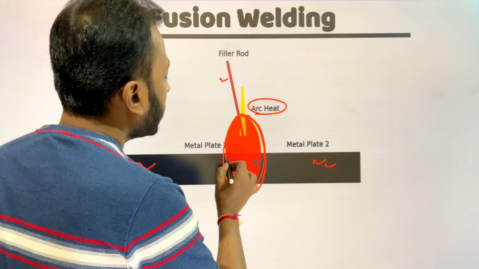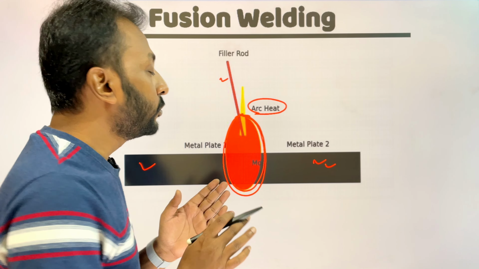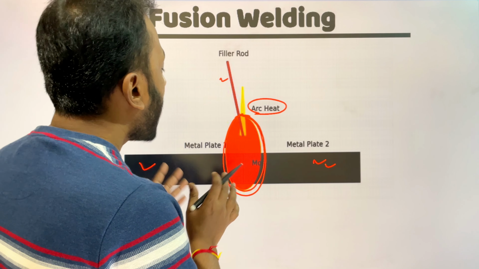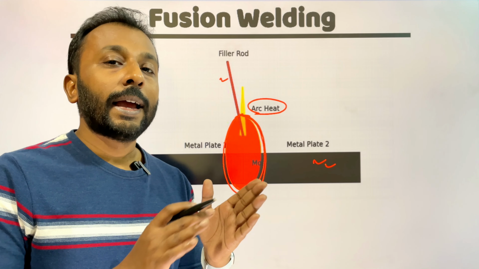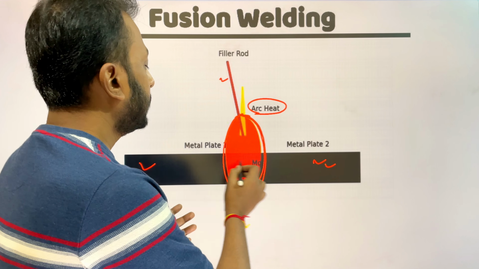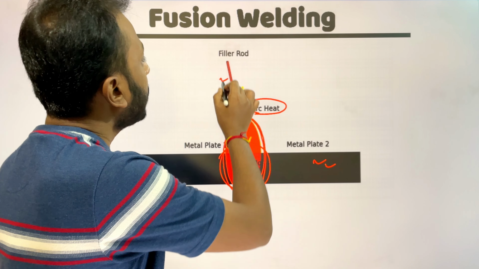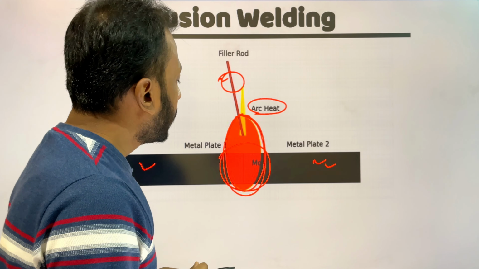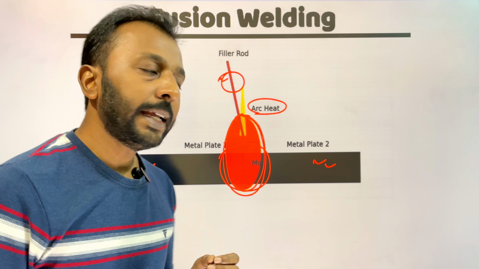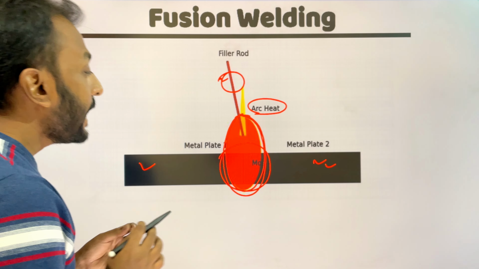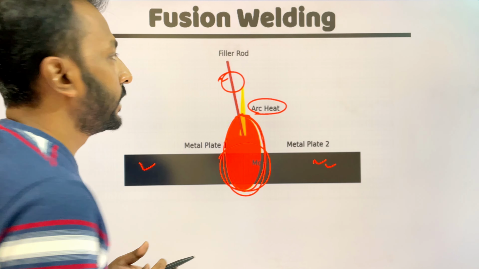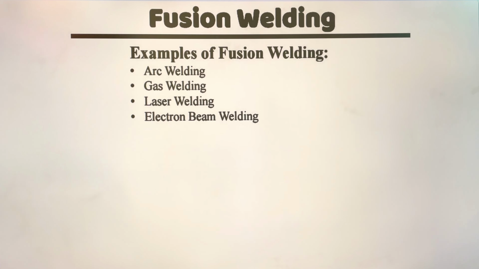The flame heats the parent metals up to their melting point, and they fuse and mix with the filler rod, and after solidification we get the welding joint, a very strong welding joint. So this is the fusion welding process.